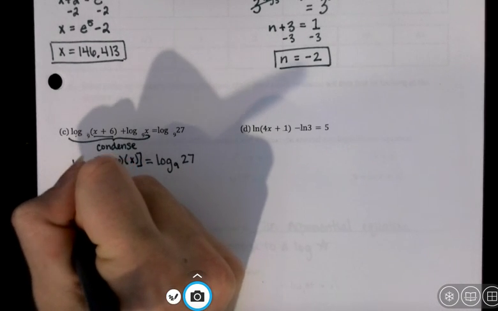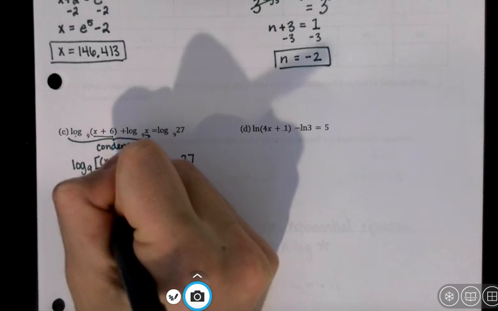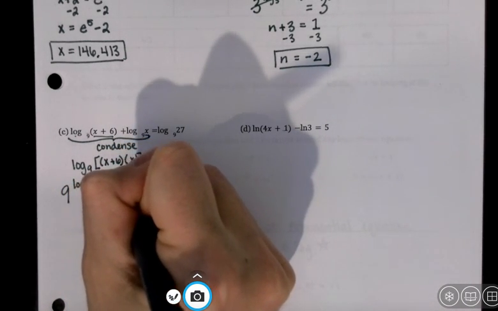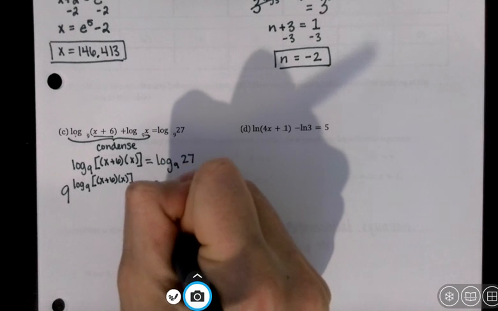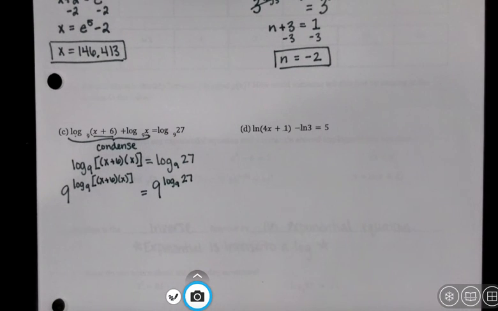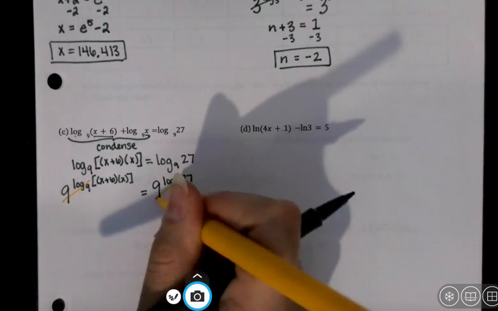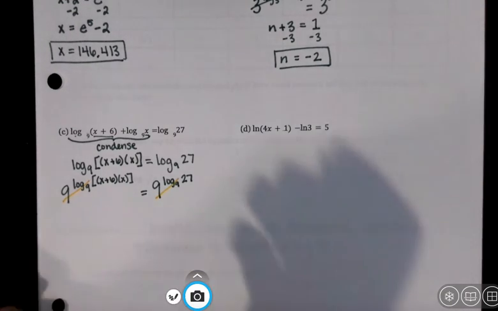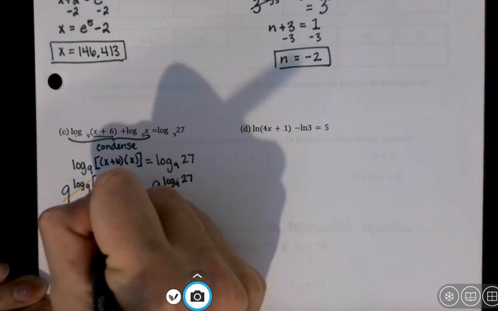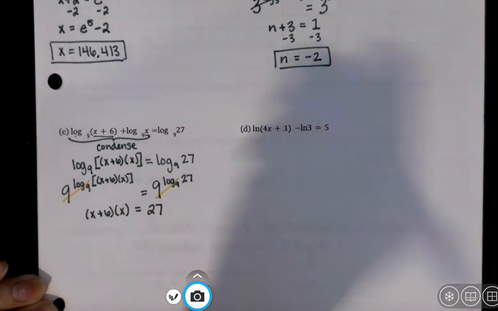So I have 9 raised to the power of log base 9 of x plus 6 times x equals 9 raised to the power of log base 9 of 27. I can cancel out my 9 and log base 9 on both sides. So what I'm left with is x plus 6 times x equals 27.